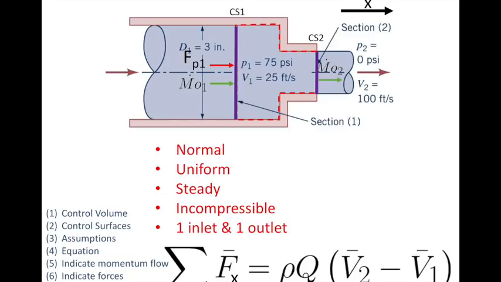Anything else? Do we need to worry about any other forces acting on this system? We would have a weight acting on it, but that's going to be in the y direction, and we're trying to solve things here in the axial direction as specified in the problem, so in the x direction in this case. So we're not worrying about that one, but we haven't accounted for the fact that we've got this nozzle, right?